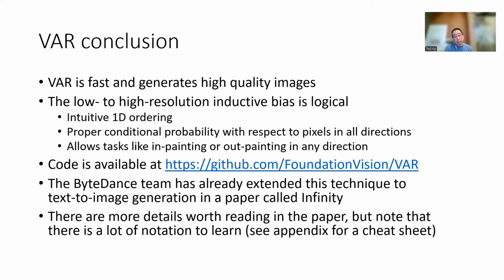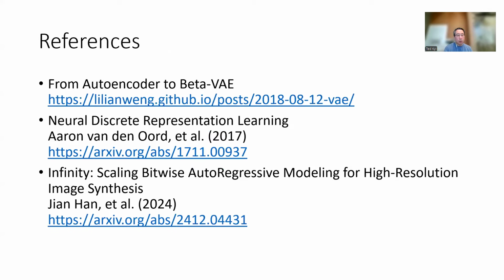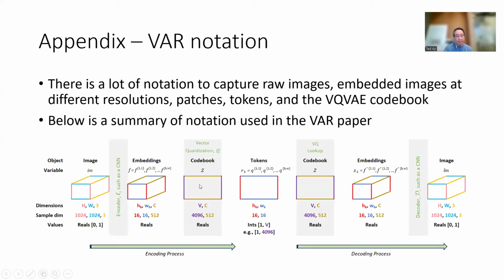Final note, I found the paper a little bit hard to read because of all the notation. So I have in the appendix just a little cheat sheet. An image is a three-dimensional object with pixel values: height, width, and channel, 3 channels, and the values are typically floating point numbers between 0 and 1.